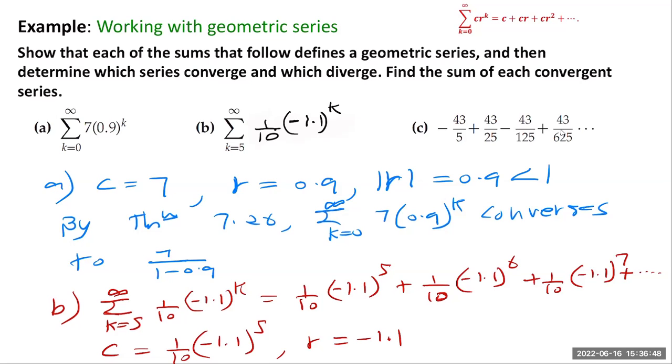All right, we have the value of R and the value of C. Now let's determine whether this series converges or diverges. For that I'm going to find the absolute value of R. The absolute value of R is plus 1.1. You drop the minus sign, right? Now notice that this is greater than 1.